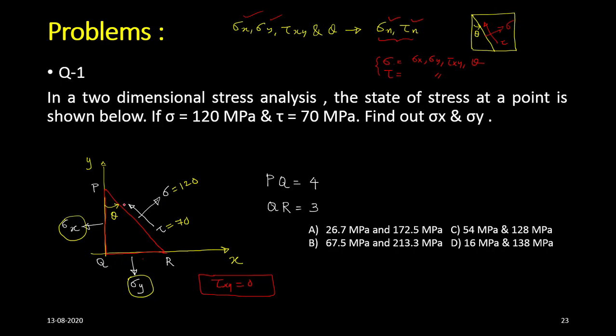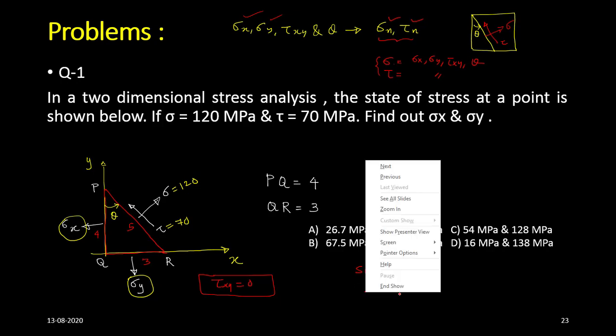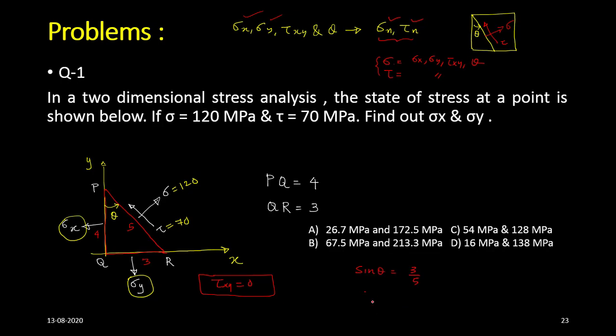From the given data, we can find sine theta. QR is given as 3, PQ is given as 4, so PR will be 5. Sine theta will be equal to 3 by 5, and cos theta will be equal to 4 by 5.